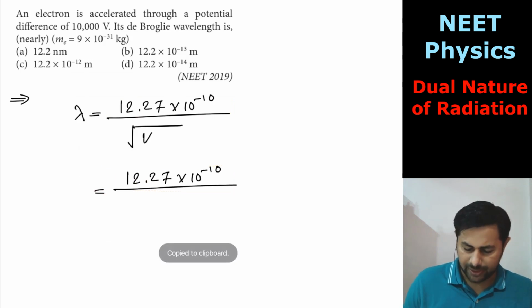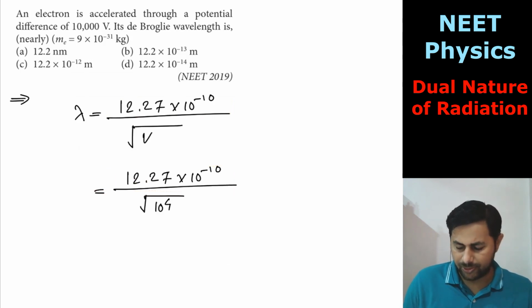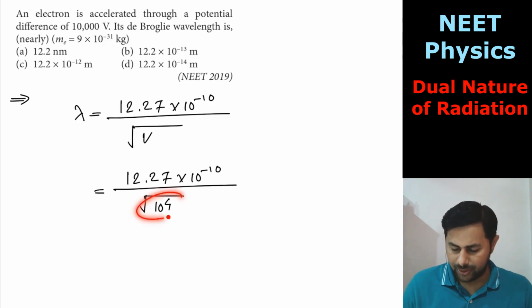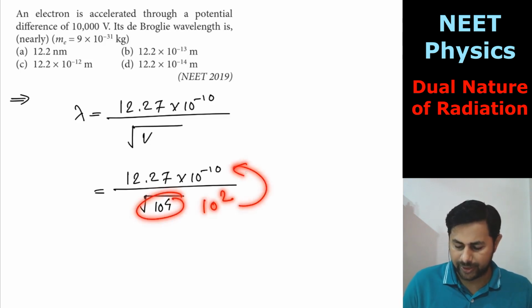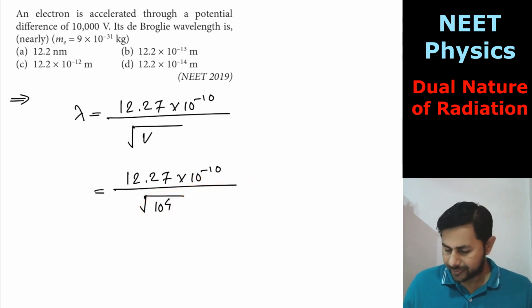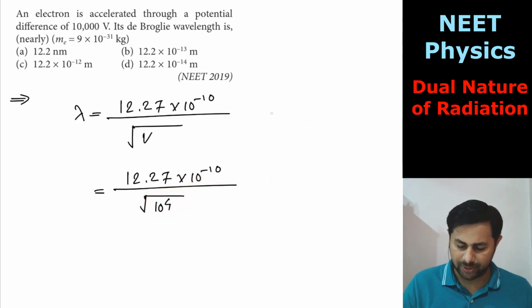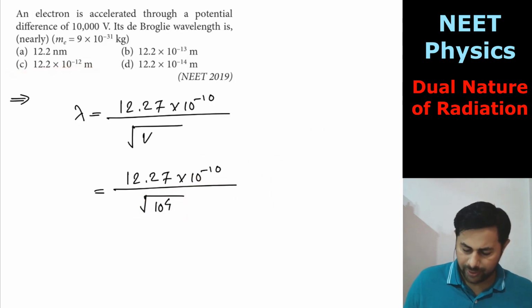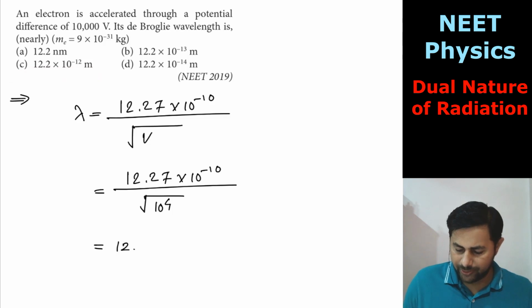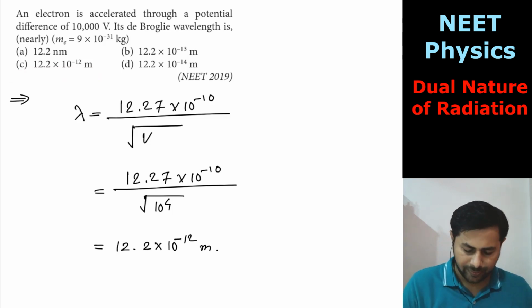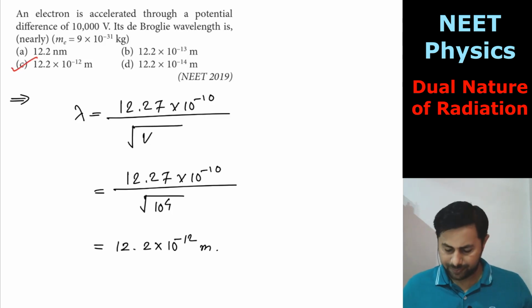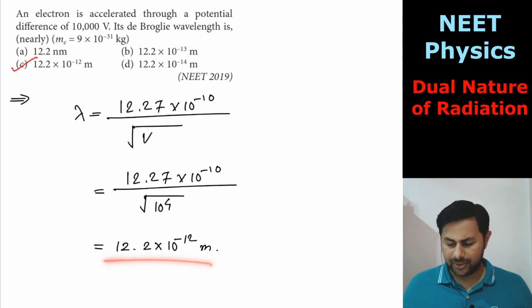Okay, so this thing divided by root of 10 raised to 4, so that's 10 raised to 2. 10 raised to 2 in the denominator becomes 10 raised to minus 2 in the numerator. 10 raised to minus 10 minus 2, that is 10 raised to minus 12. So it is option C. Okay, so it's 12.2 multiplied by 10 raised to minus 12 meters. Option C, right? Very simple. There is nothing in the question.